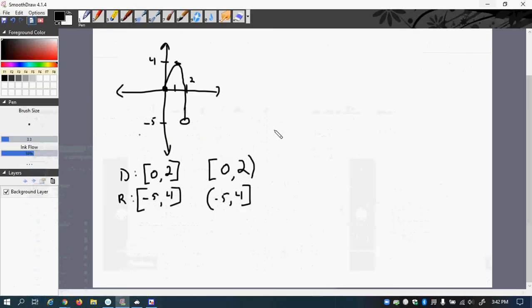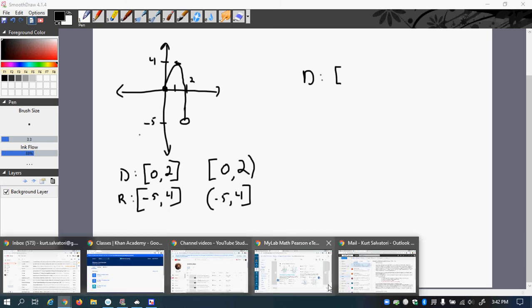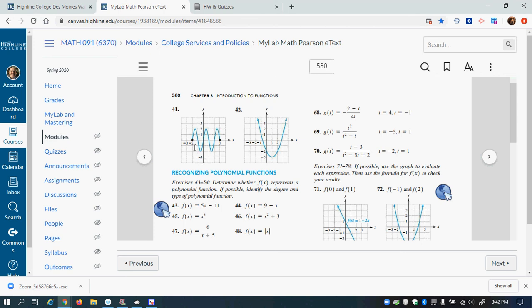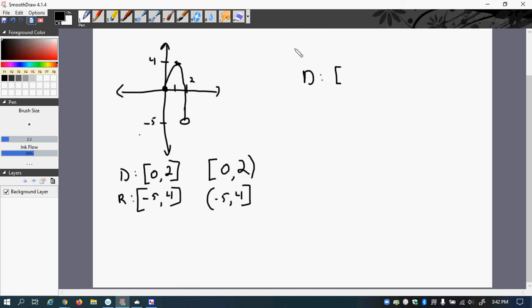So for this problem, 41, the domain would be bracket -2 to 3 bracket.